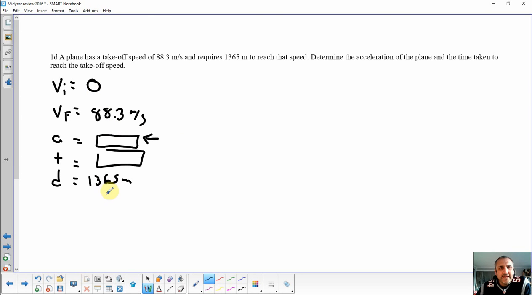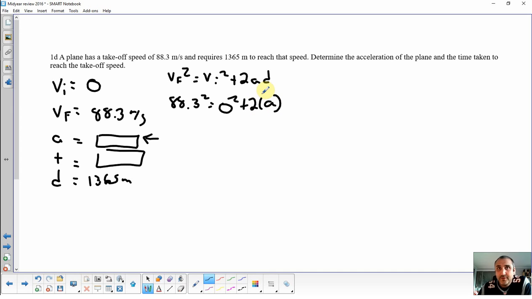VI, VF, A, and D. I think the best equation to do this is going to be VF squared equals VI squared plus 2AD. 88.3 squared equals 0 squared plus 2 times A. Don't put negative 9.8 or negative 10 in there, because it's not a projectile, so we don't know what that acceleration is, times D, which is 1,365.